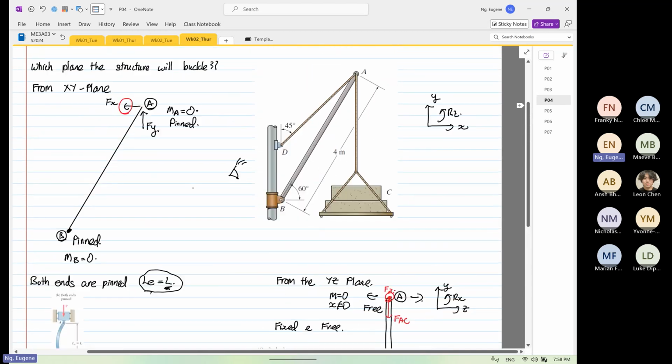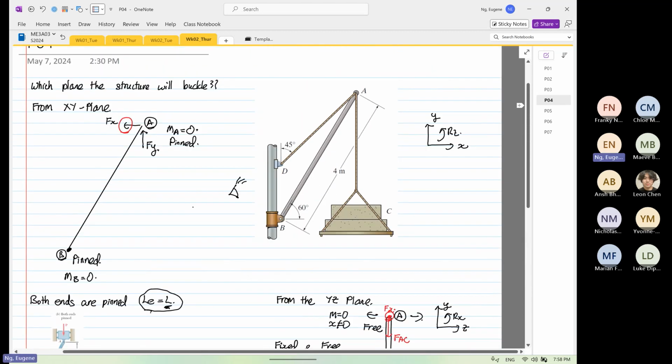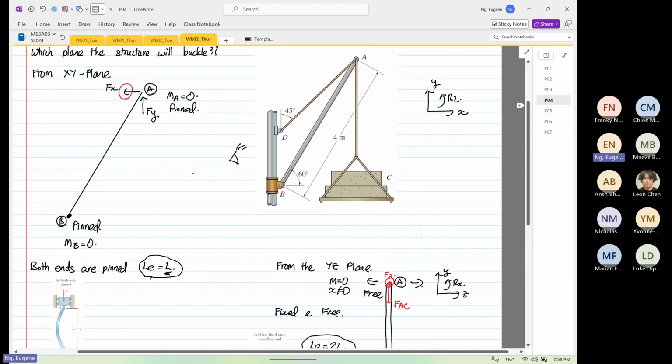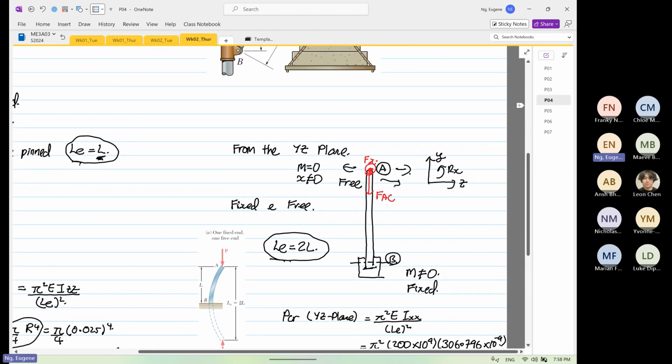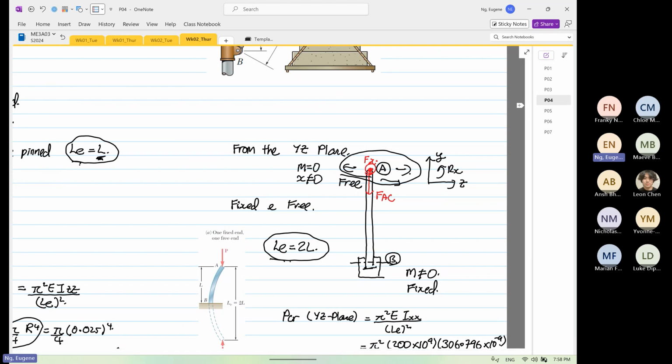If you look at the XY plane, both are pin, because it can move left and right. It has a motion about left and right, so it's as good as free. That's why LE is equal to L. So it's going to buckle in the YZ plane.